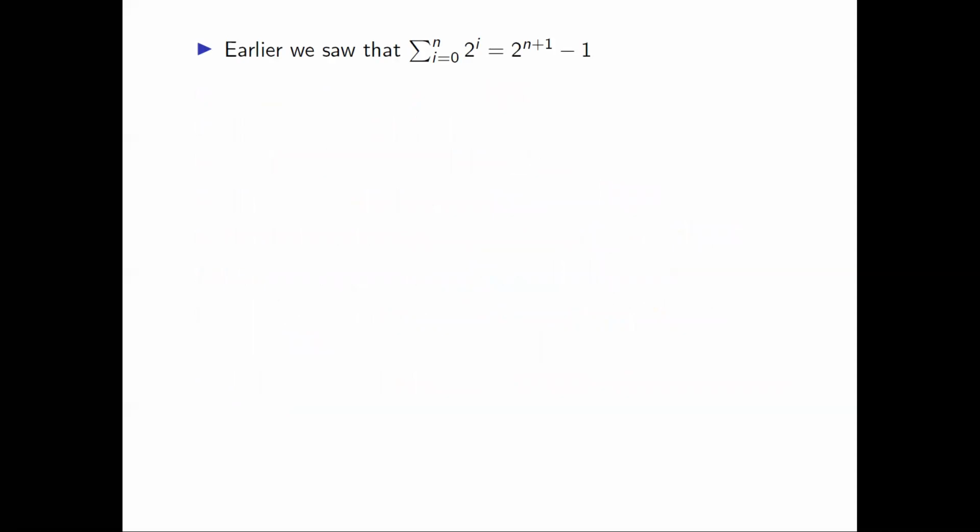So earlier in this video, we saw that the sum from i equals 0 to n of 2 to the i is equal to 2 to the n plus 1 minus 1. And we're going to see how to generalize this now.